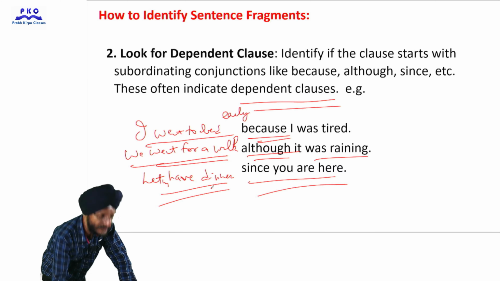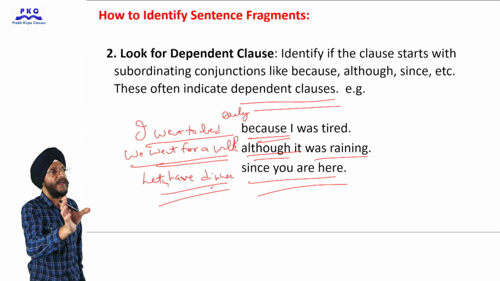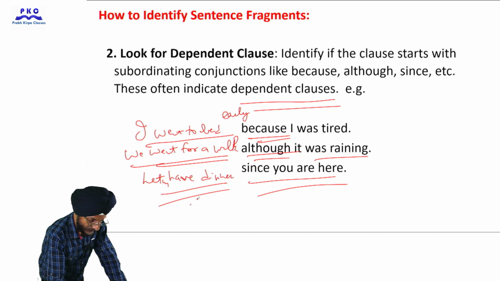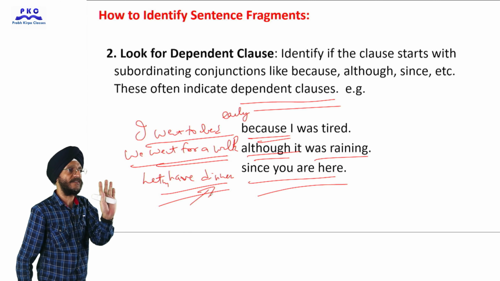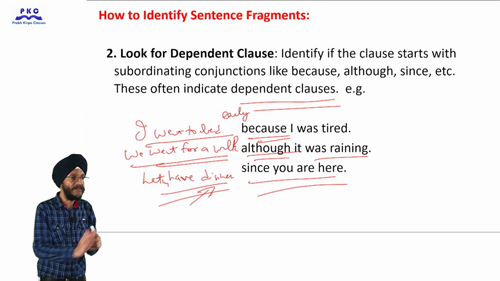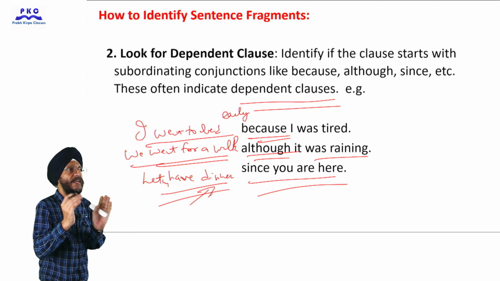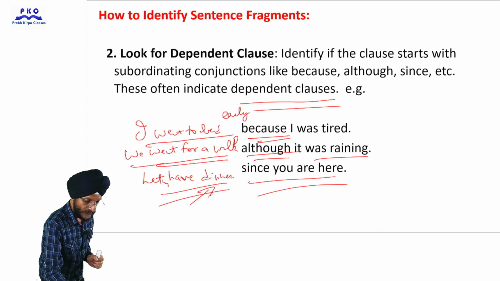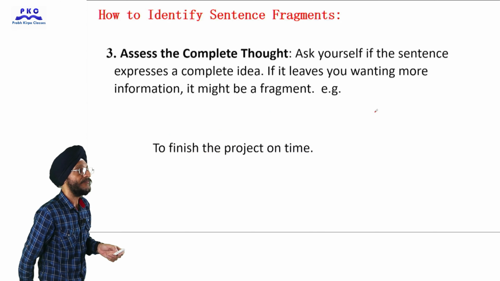Since you are here, let us have dinner is a dependent clause followed by an independent clause. It is independent. If we simply say let us have dinner and put a full stop, it is a complete sentence in itself. But here the sentence also has a dependent clause. So we have completed the sentence fragments here.